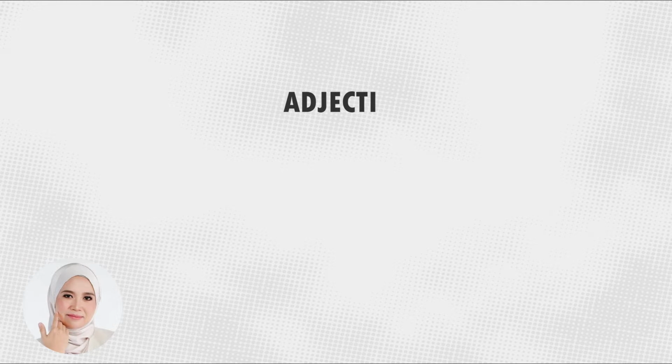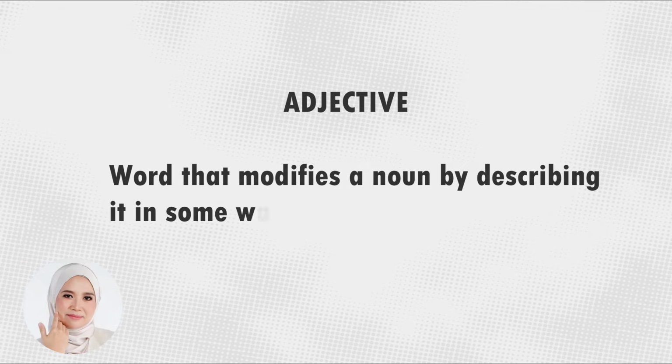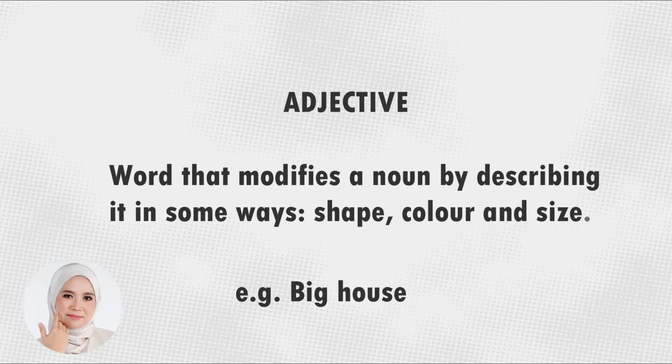An adjective is a word that modifies a noun by describing the noun in some ways: shape, color, and size. For example, in English, you have big house. Big is an adjective describing the house, which is a noun.